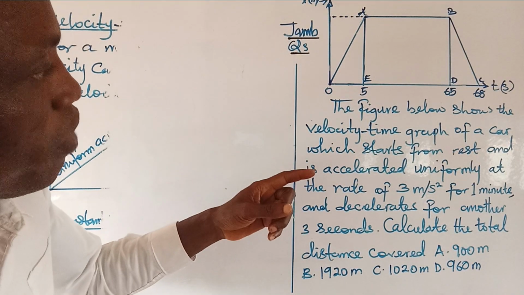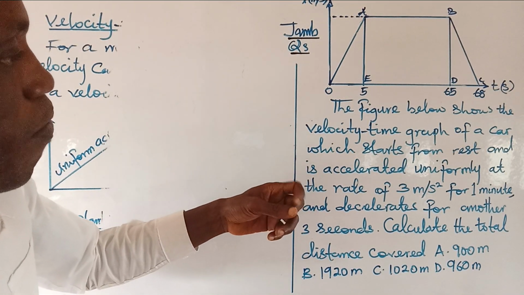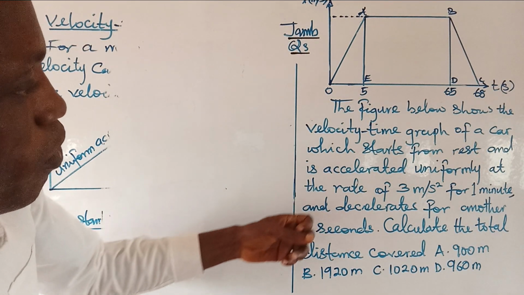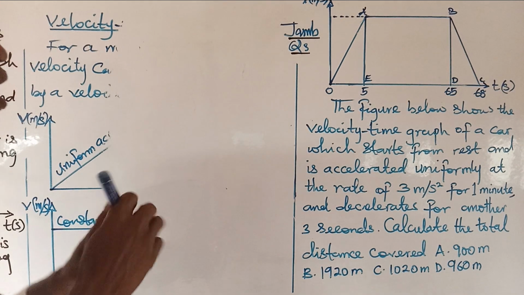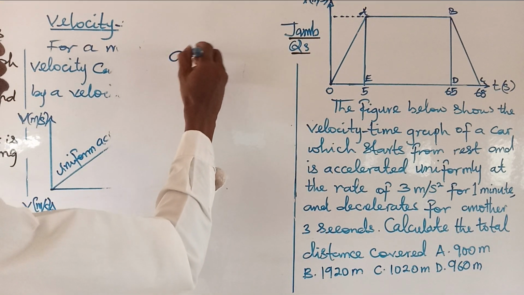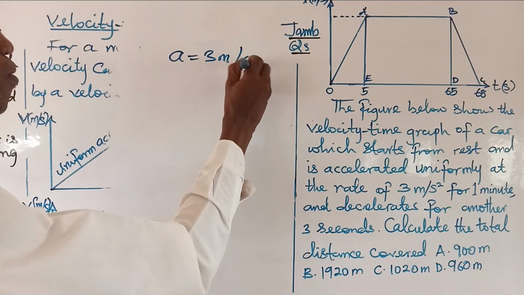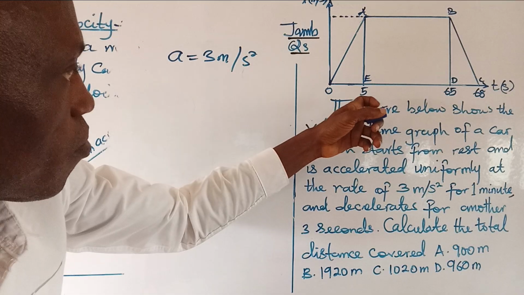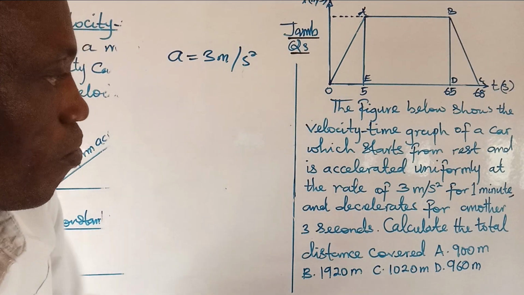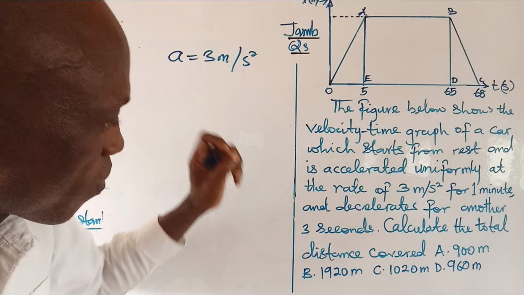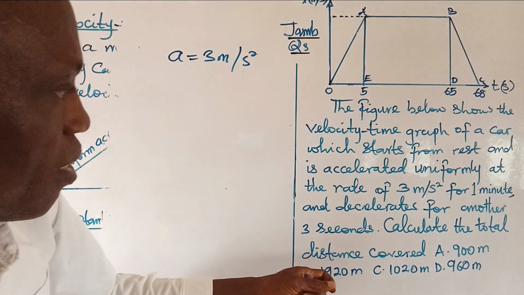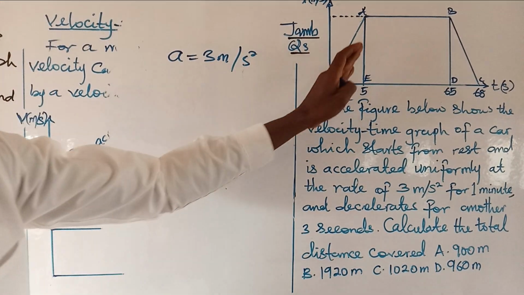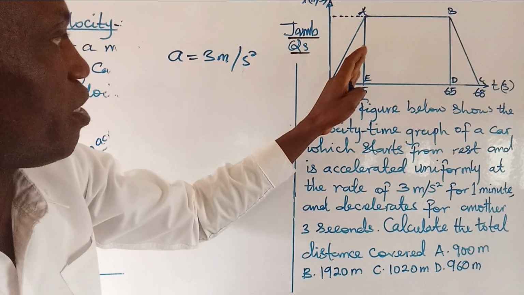The figure below shows the velocity time graph of a car, which starts from rest and is accelerated uniformly at the rate of acceleration equal to 3 meters per second squared. They are given. During the acceleration, it spent 5 seconds, then for 1 minute, that is 60 seconds, at constant velocity, and decelerates for another 3 seconds. Let me explain it better.